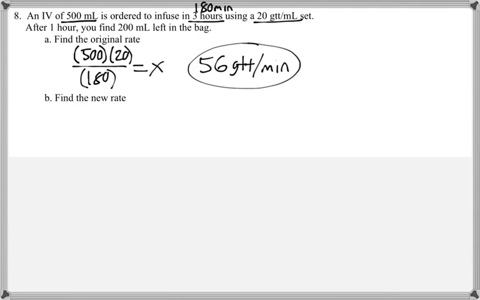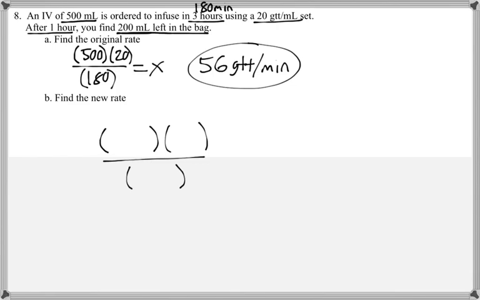Now for the new rate, it says after 1 hour you find 200 mLs left in the bag. So this is 200 mLs left in the bag. Okay, so I still use the formula to find my new rate, and I'm not changing my IV machine.